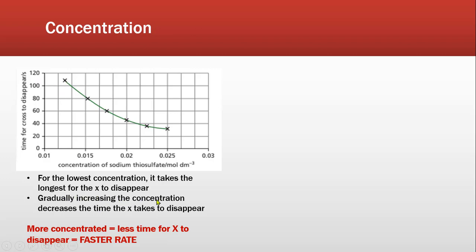Gradually increasing the concentration decreases the time the X takes to disappear. So look here, increasing the concentration, it decreases the time. Which means to say, the more concentrated your reactants are, the less time it takes for X to disappear, which means the more concentrated your reactants are, you get a faster rate of reaction.